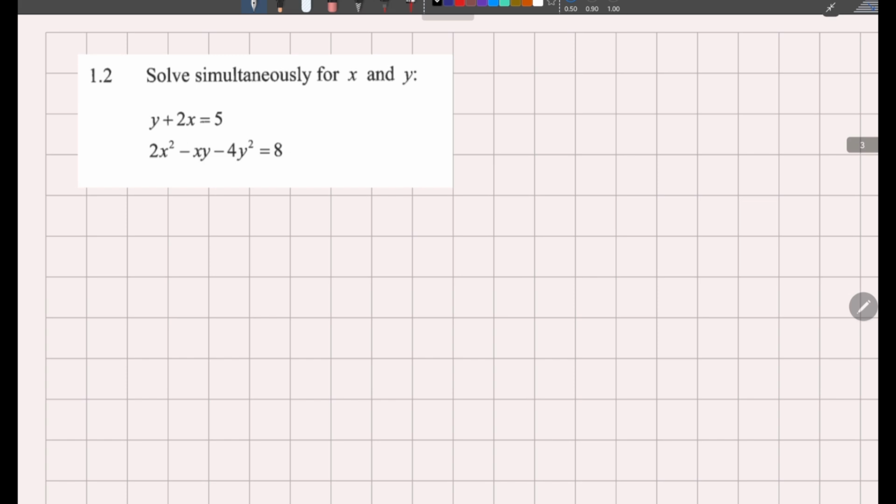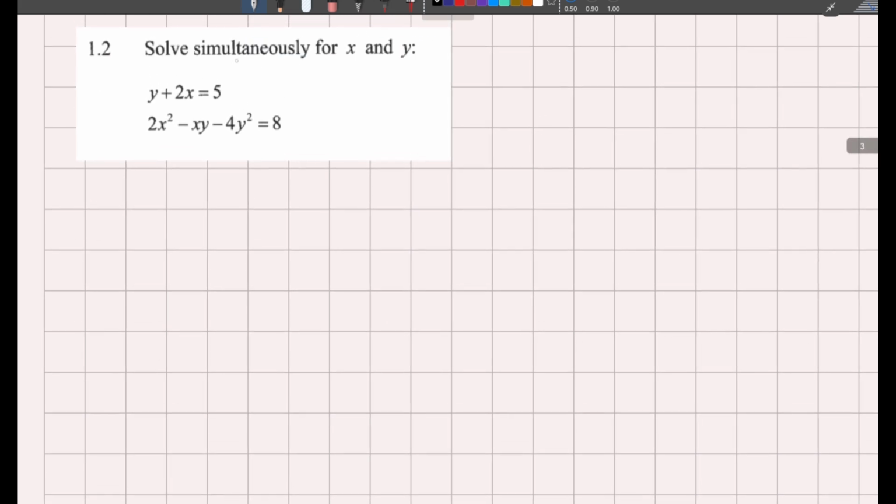Now, the last question of the day for question 1 that I'm doing is simultaneous equations. Now, guys, simultaneous equations is so simple. All I tell my learners is the same rules over and over again. The first rule that I have is that I always look for the simpler equation, and thereafter I would label the equations.